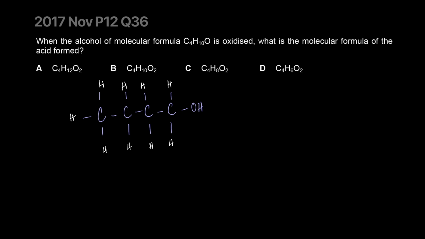When it is oxidized, the alcohol bit turns into an acid. This would go away as well, and you'll have OH. What is the molecular formula here? C4O2H8. So C is our answer.